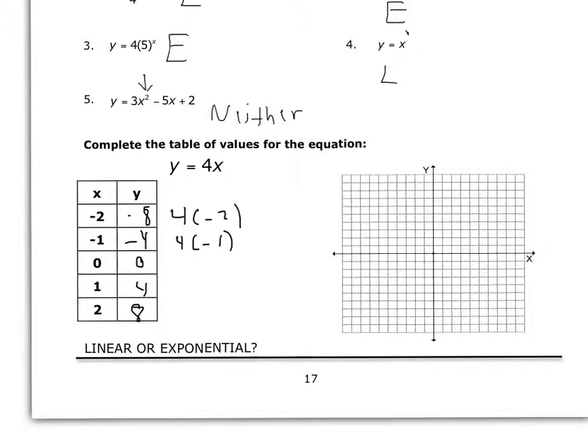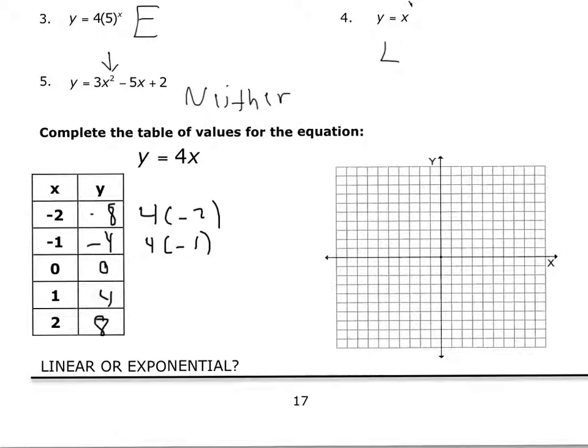So we can go ahead and graph this real quick. So we have negative 2, negative 8. Draw your point. We have negative 1, negative 4. 0, 0, 1, 4, and 2, 8.